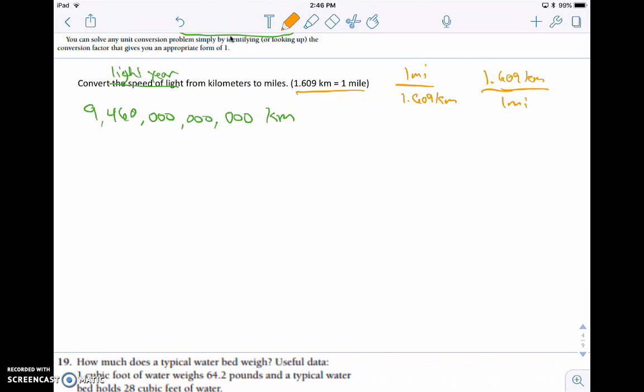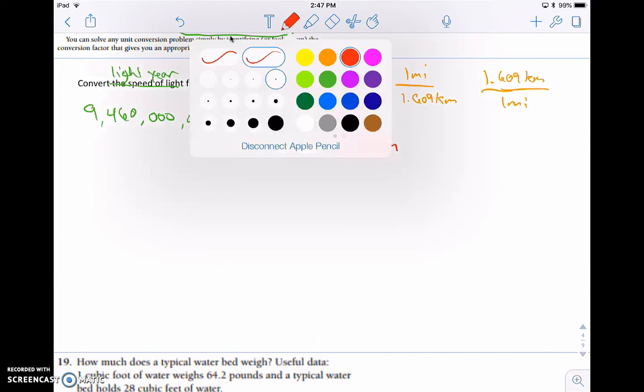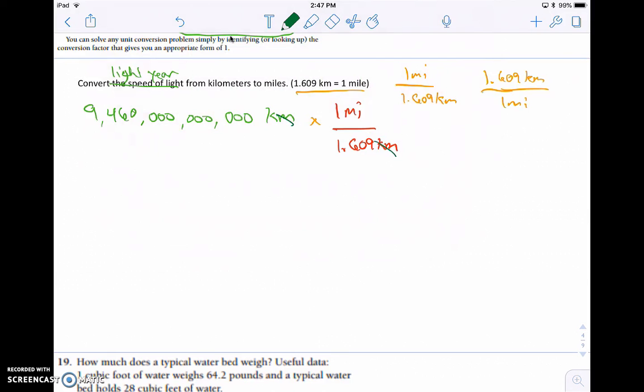So I'm going to multiply by 1 mile, because I want to keep the mile, so that stays in the numerator, and I want to cancel the kilometers. So I'm going to use 1 mile over 1.609 kilometers, because then the kilometers are going to cancel, and this is equal to 9,460,000,000,000 miles over 1.609.